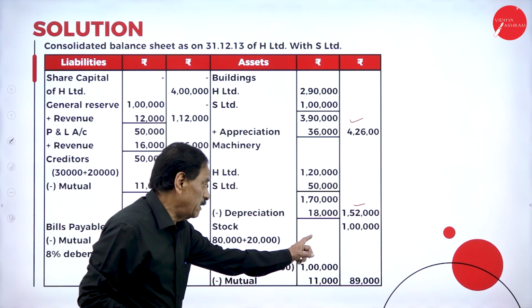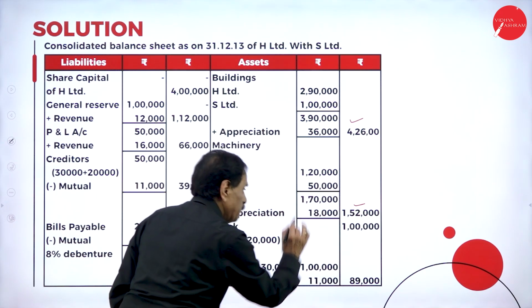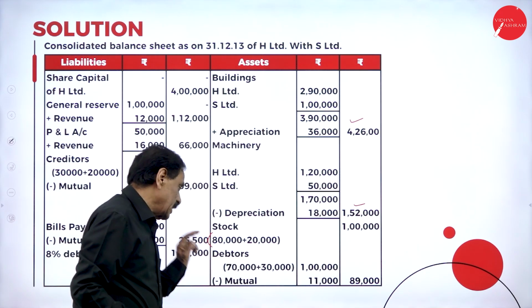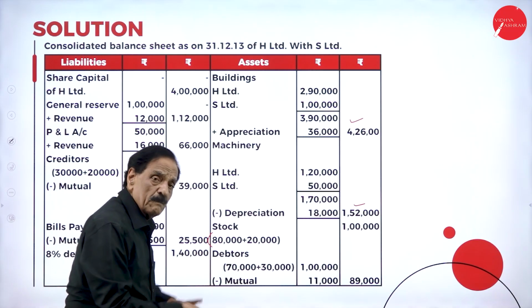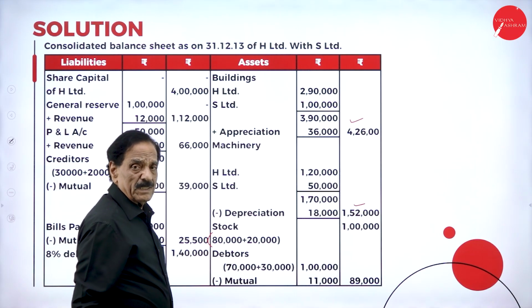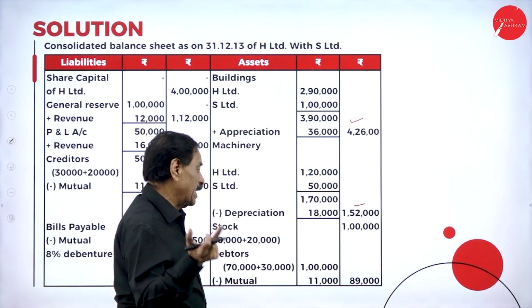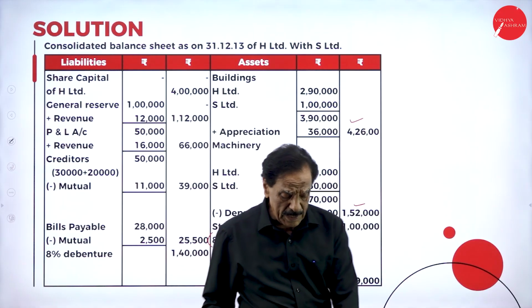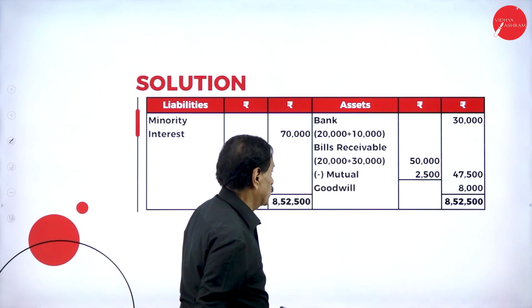Stock, no change. If you add both, 80,000 plus 20,000 becomes 1 lakh. Regarding the debtor, 70 plus 30 is 1 lakh, but there is a mutual adjustment of 11,000. 11,000 should be deducted from debtor as well as the creditor. It becomes 89,000.